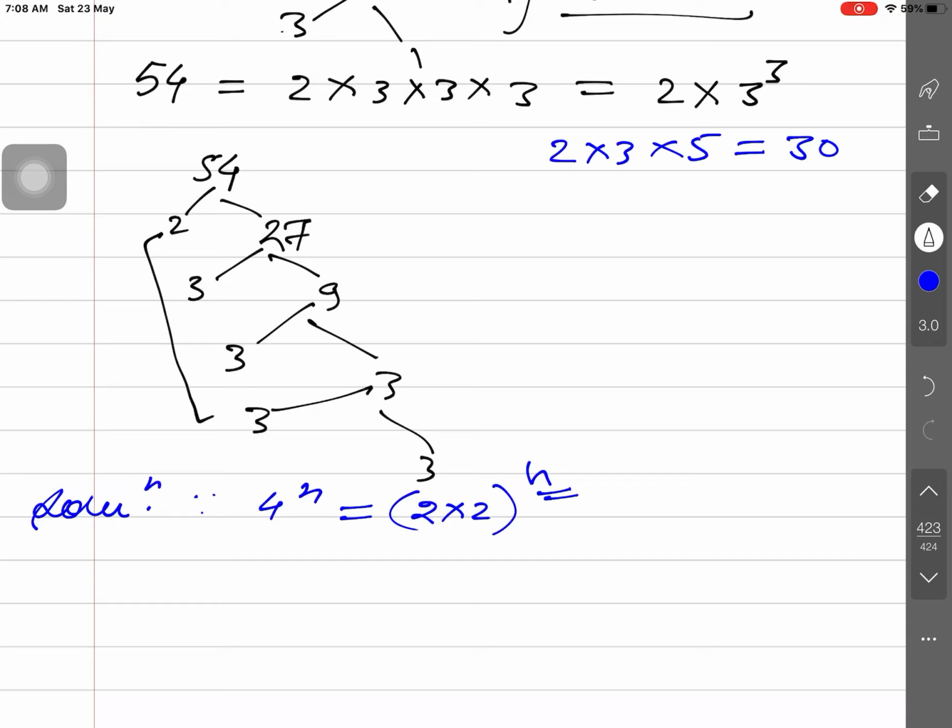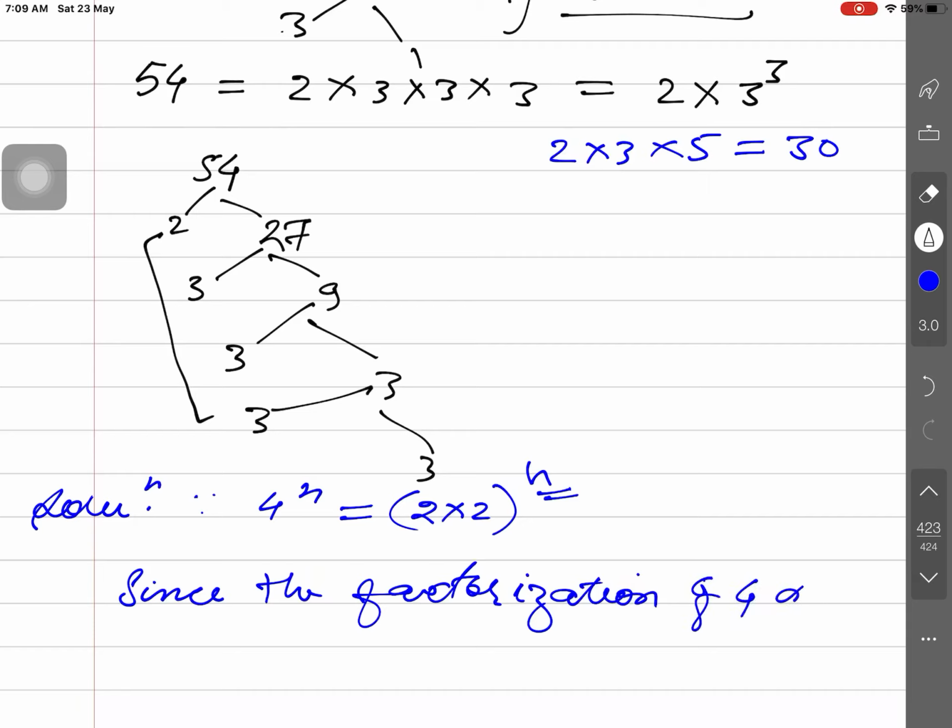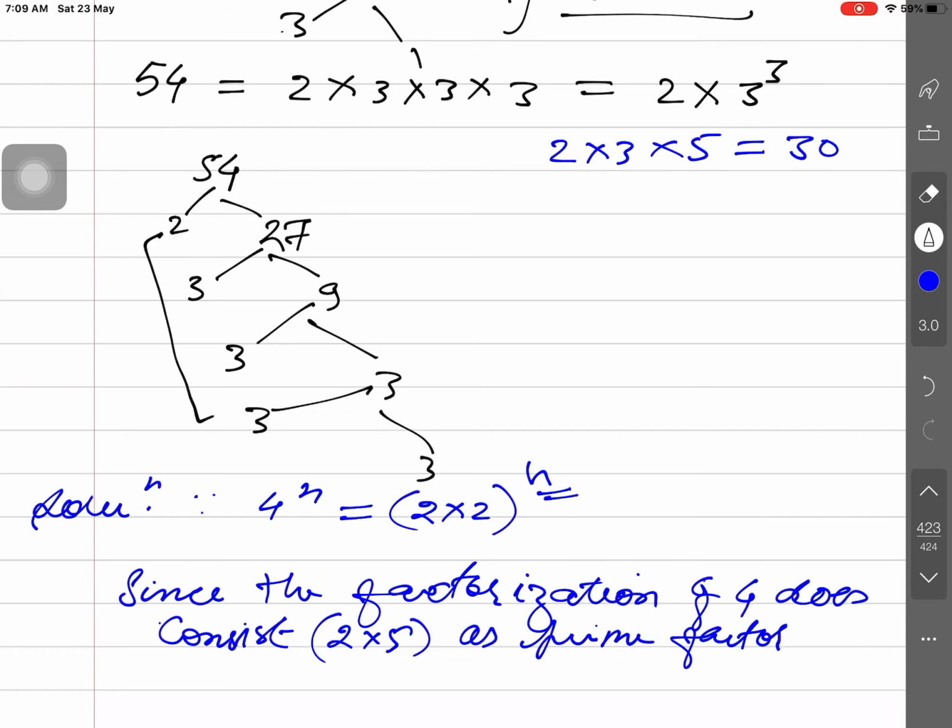So, what can we say here? Write the statement: since the prime factorization of 4 does not consist of 2 and 5 as prime factors.